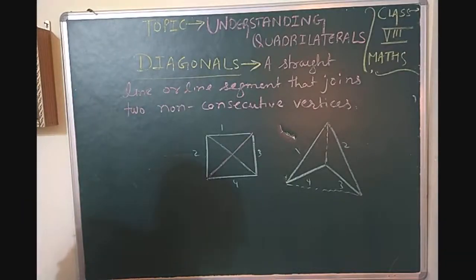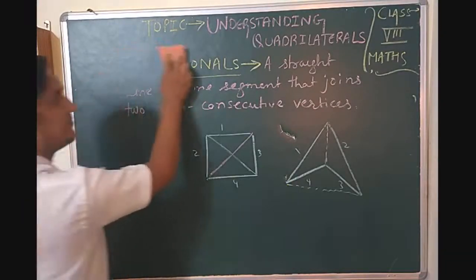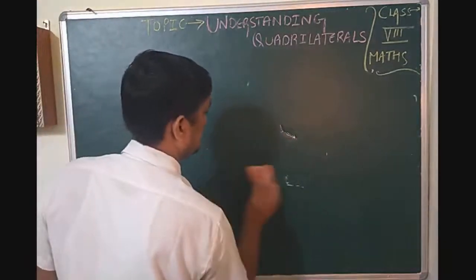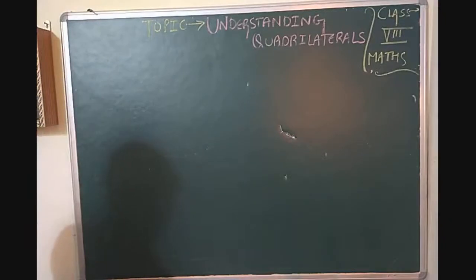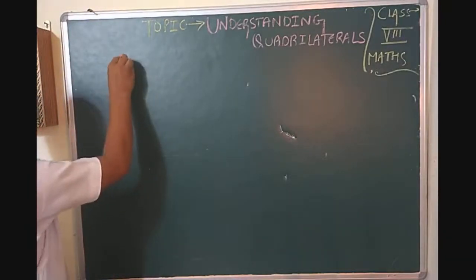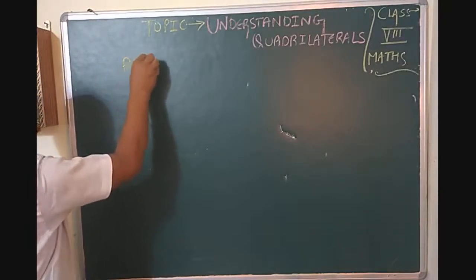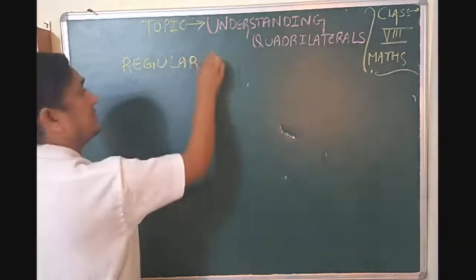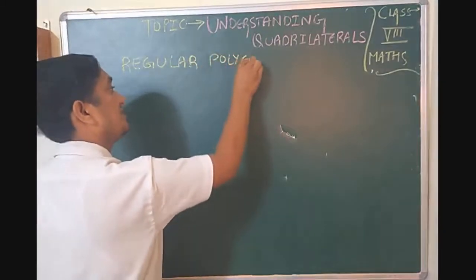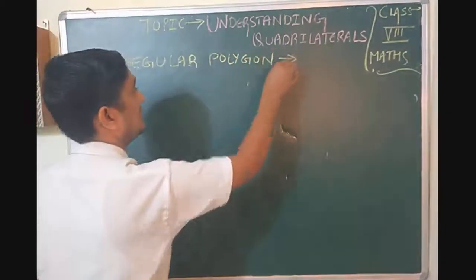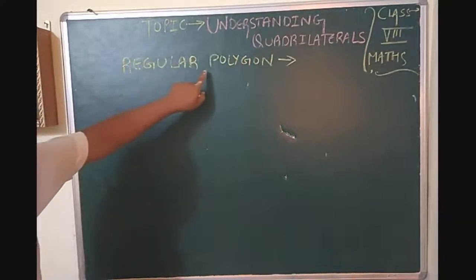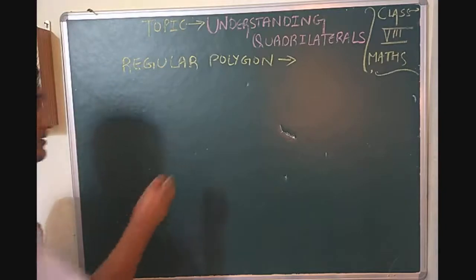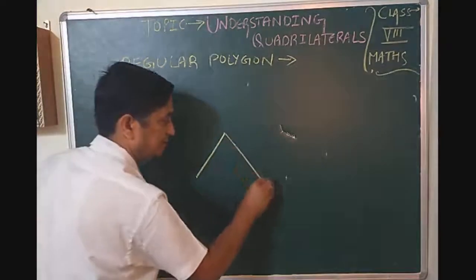After this, the next important term we have to learn is regular polygon. Children, regular polygon means these are those polygons like this.